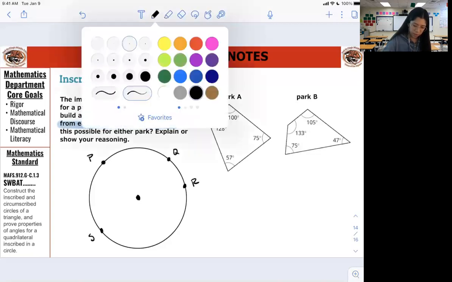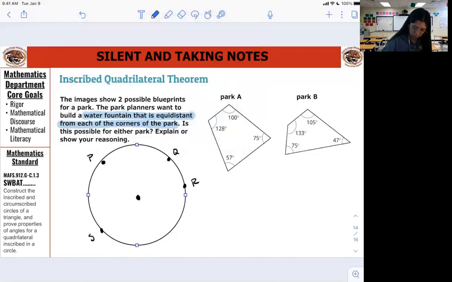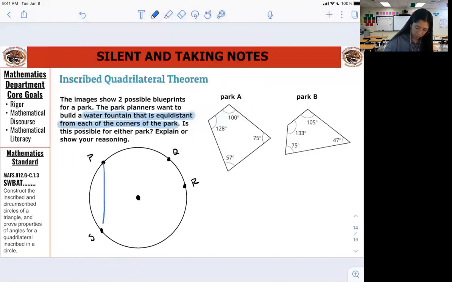Okay, there's my quadrilateral. Think about what this actually means. We have the center of the circle, and when I have a line extending from the center to the edge of the circle, what is that line called?